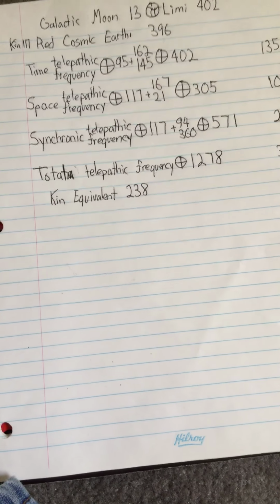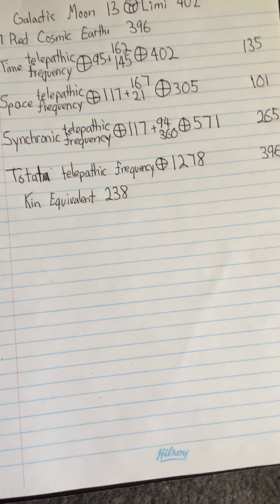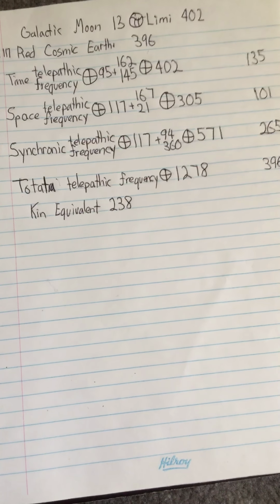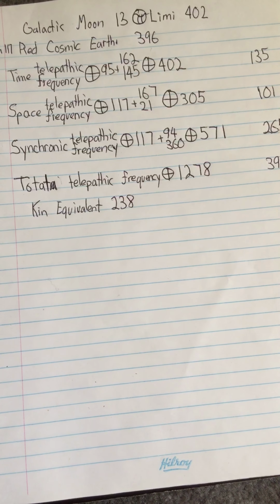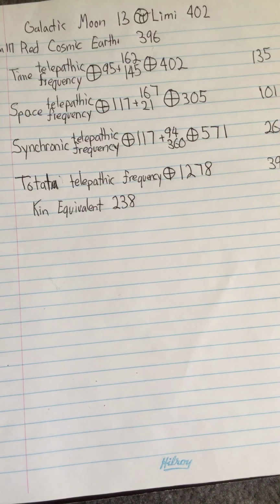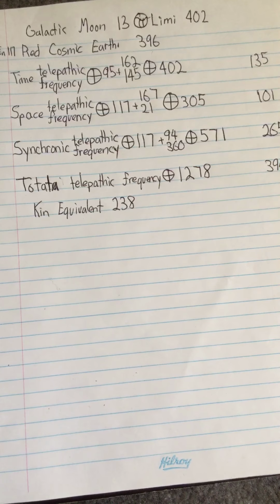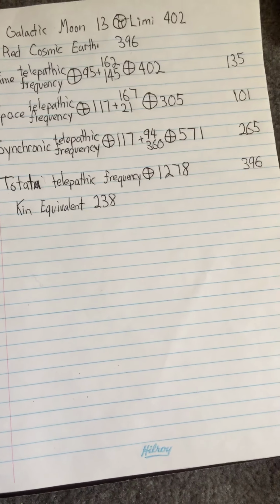All right. Yep. Okay. And that kin is, I think, the white electric mirror. No, the white self-existing mirror.